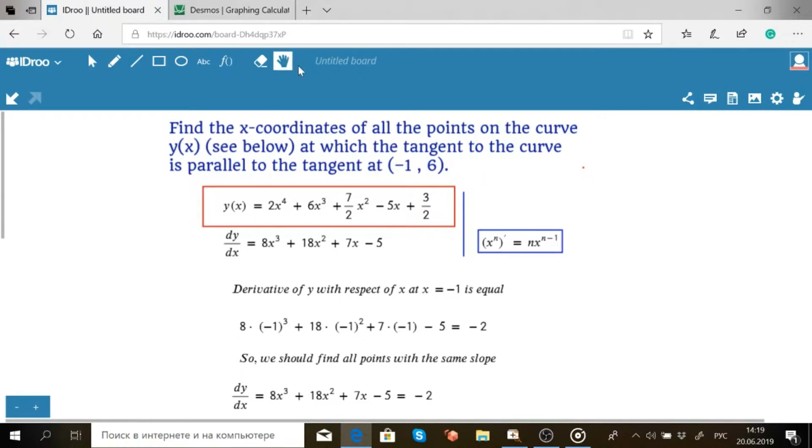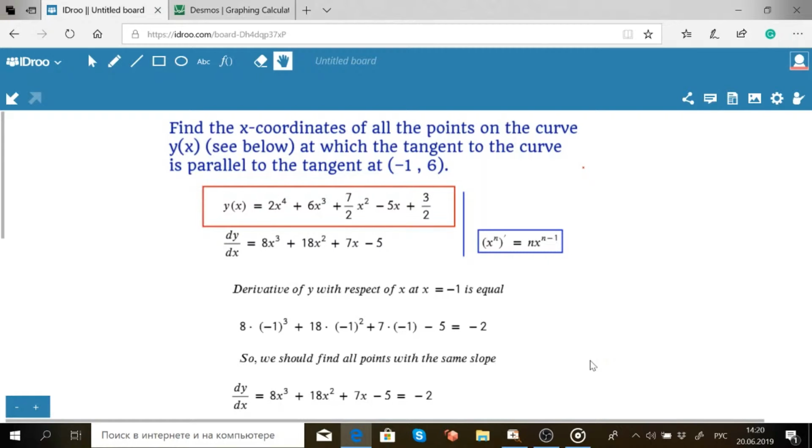The derivative of the function you can see in the second row here. But we need to find the value of this derivative at the particular point when x is equal to -1. So we plug x equals -1 into the derivative function and get the value of -2.